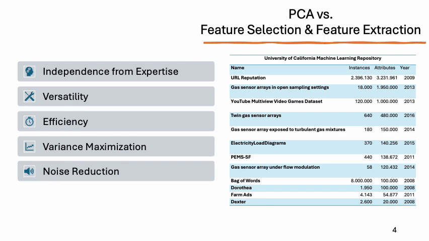Firstly, unlike feature extraction and feature selection methods, PCA does not require expert knowledge or brute force scanning, making it more accessible and less reliant on domain-specific insights. Second, PCA is a versatile dimensionality reduction method that can be applied to various data types and problems.